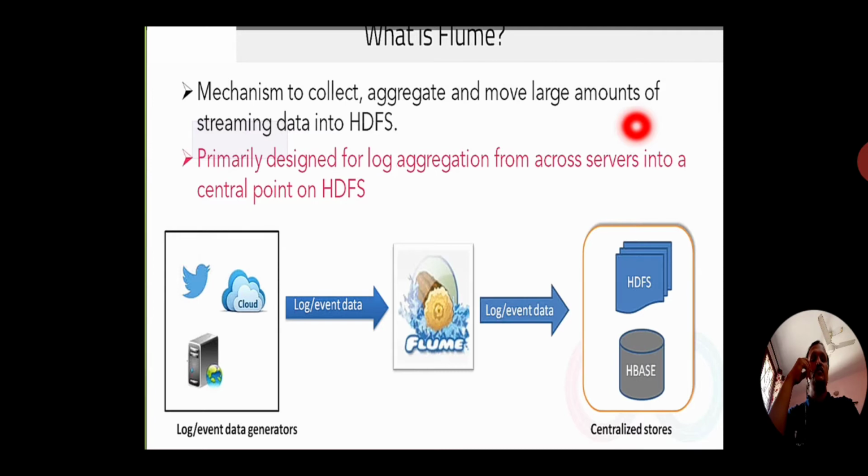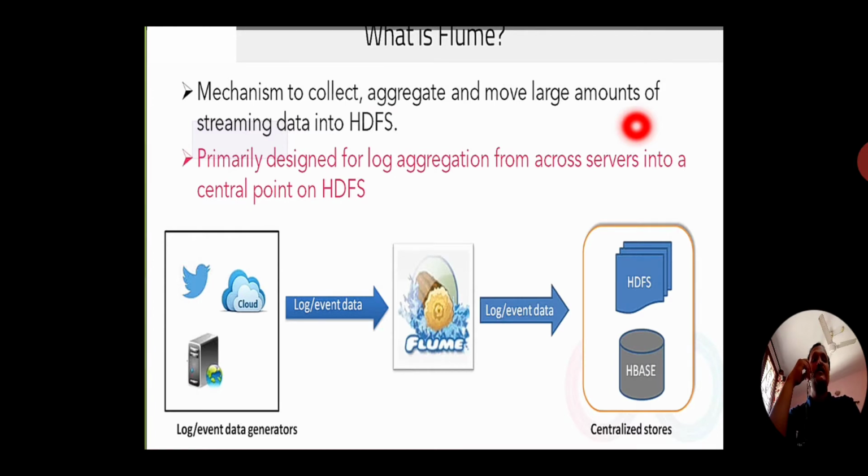Flume is a tool which collects the data from real-time servers, real-time websites like social media, etc. It collects the stream of data from these real-time systems and transfers the data to the Hadoop HDFS file system or Hadoop database. So, Flume is a tool which collects a stream of data from various data sources.